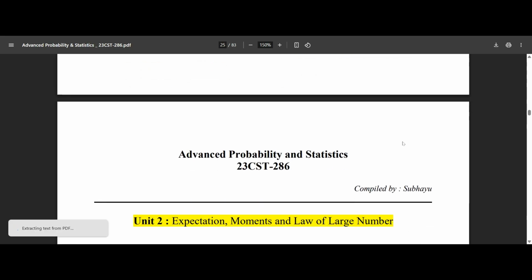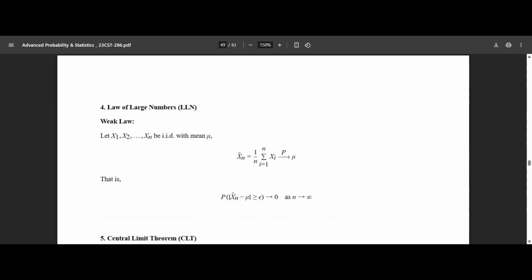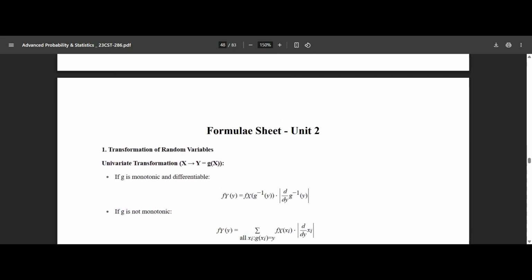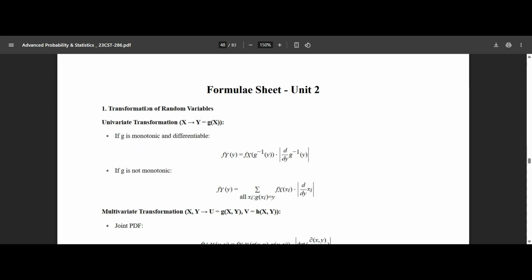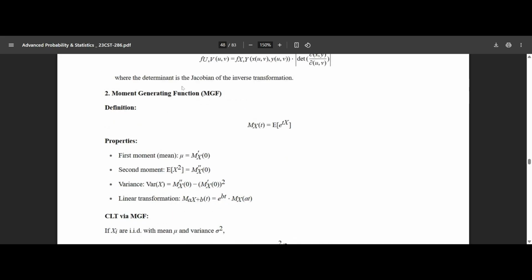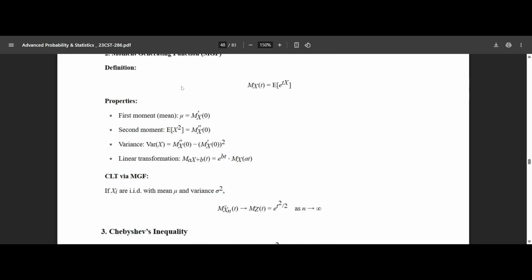Fine. Then we had unit 2, that is expectation and moments. So there we studied, iska summary. Here, formula sheet, unit 2, we had transformation of random variables, univariate transformation, and multivariate transformation. Then we studied MGF, that is moment generating function.